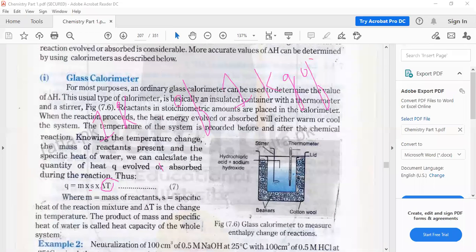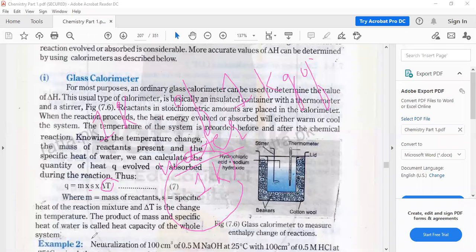For example, your substance is water. So if the temperature of water increases by 1 Kelvin, that amount of heat is called the specific heat capacity of the water.